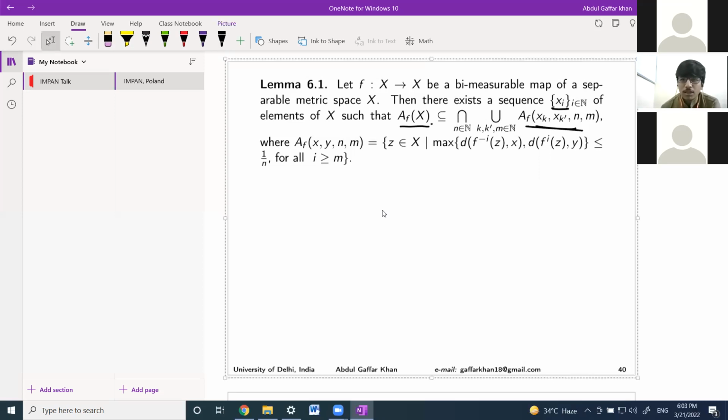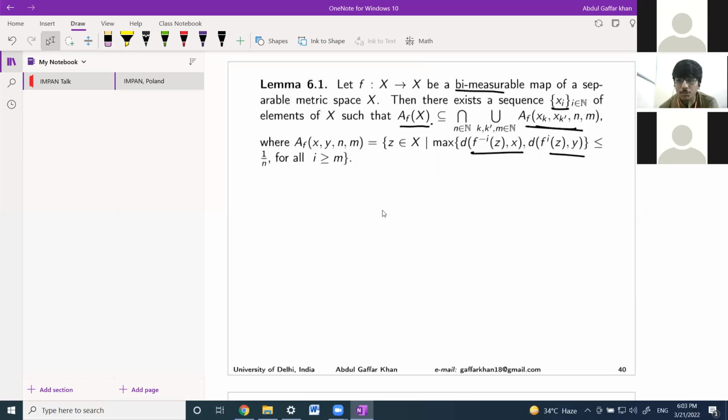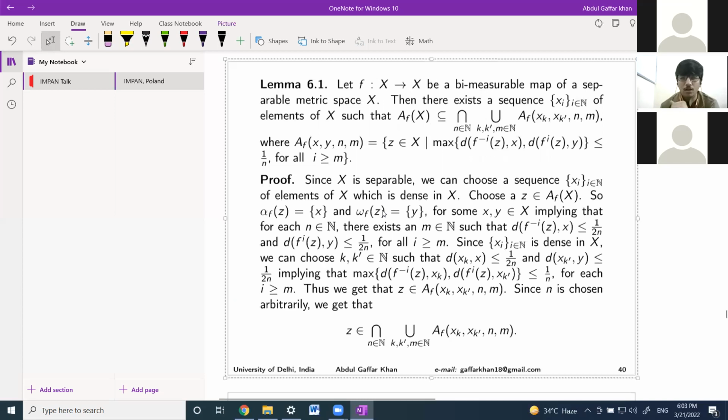The set is defined like this: it contains all elements z in X, depending on x, y, n, and m natural numbers, such that the distance between f^{-i}(z)x and f^i(z)y is less than 1/n. Because we are assuming that f is a bi-measurable map, f^{-i} is built in.